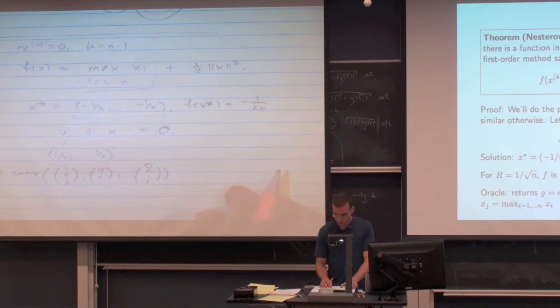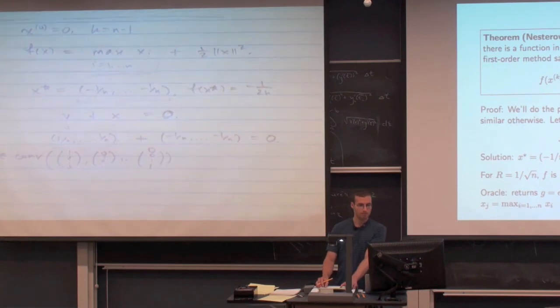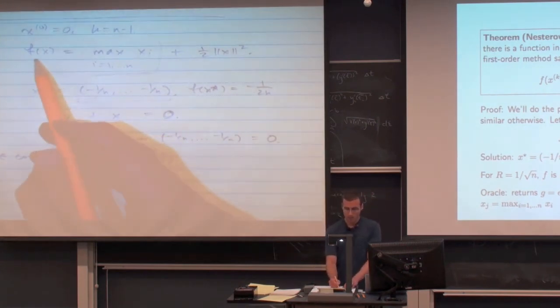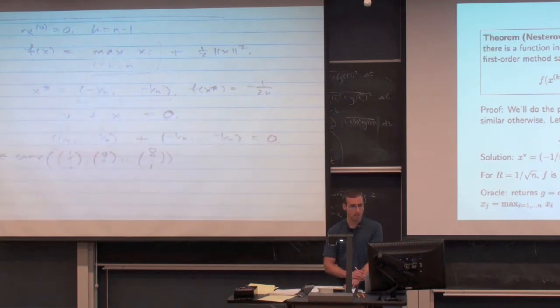Now I add x to it, because that was the second part, which was minus 1 over n in each component, and that gave me 0. So I indeed proved that x star minimizes f, because I was able to find a subgradient of f at x star that was 0.